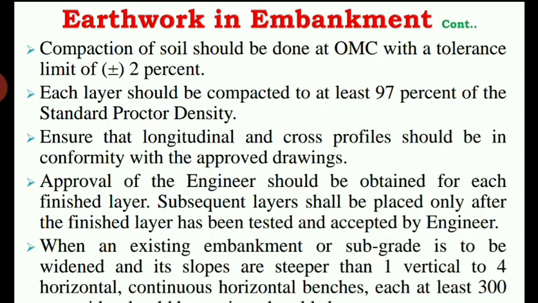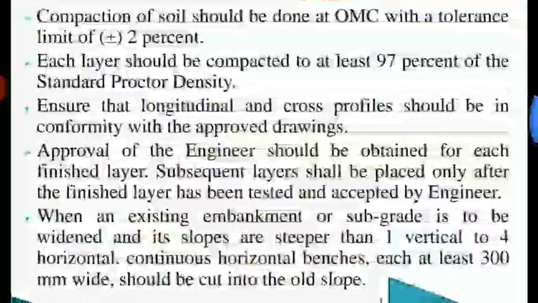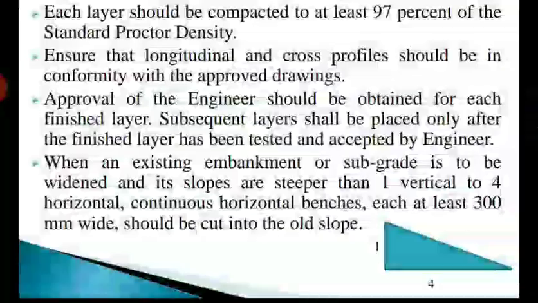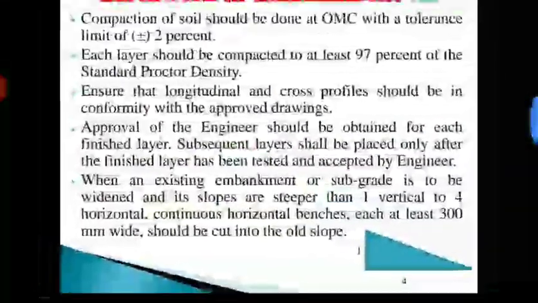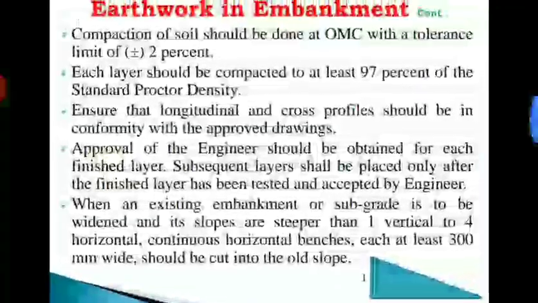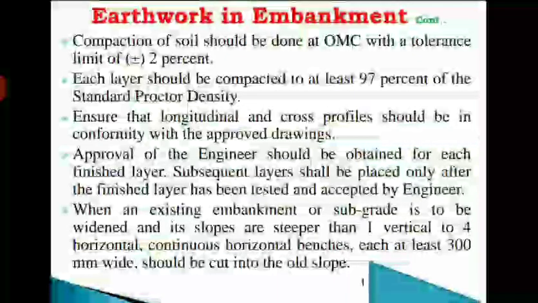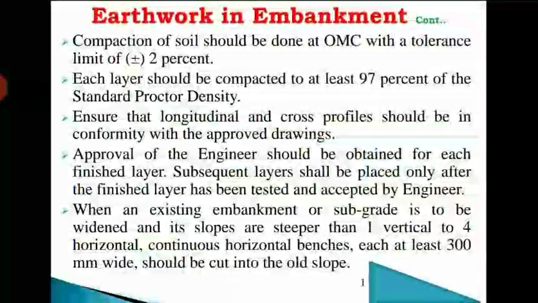So that optimum moisture content has certain limitations, with a tolerance limit of plus or minus 2%. And the second point is that each layer should be compacted to at least 97% of the standard Proctor density. So here we need to compact the soil in such a way that it achieves 97% of the standard Proctor density.